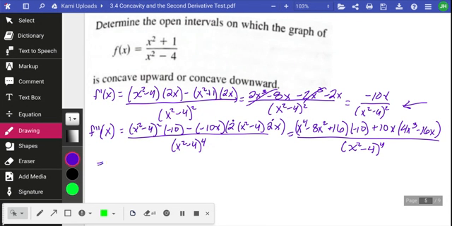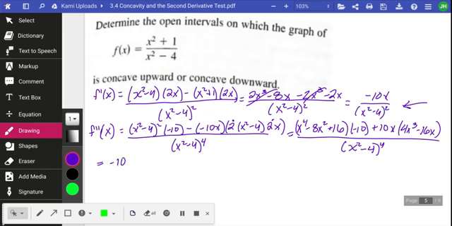Equals. All right, let's simplify the top. They both have a 10, so I think it'd probably be easiest if we just factored out a -10. I think that would be pretty easy to do.